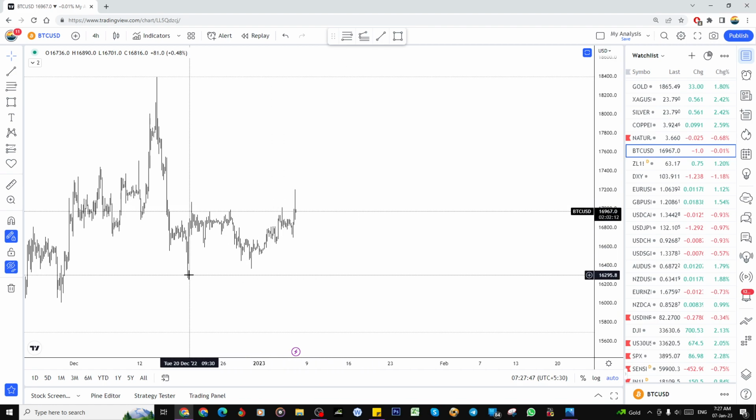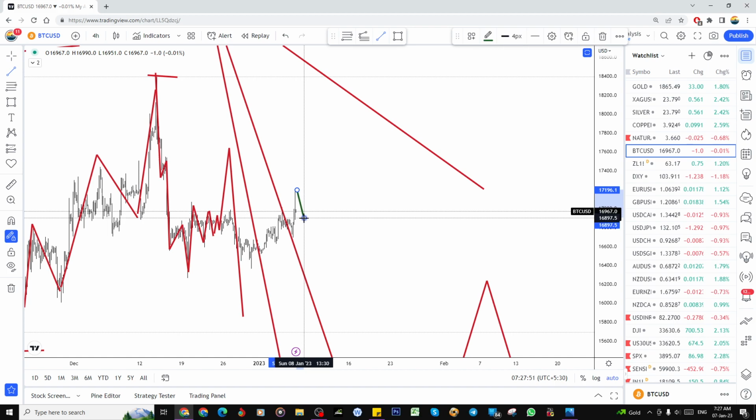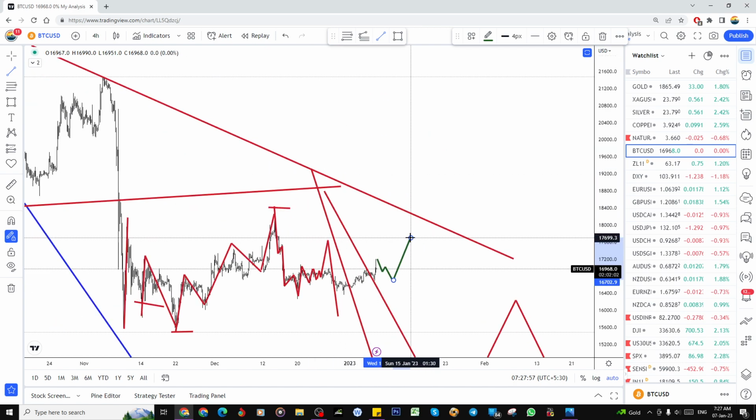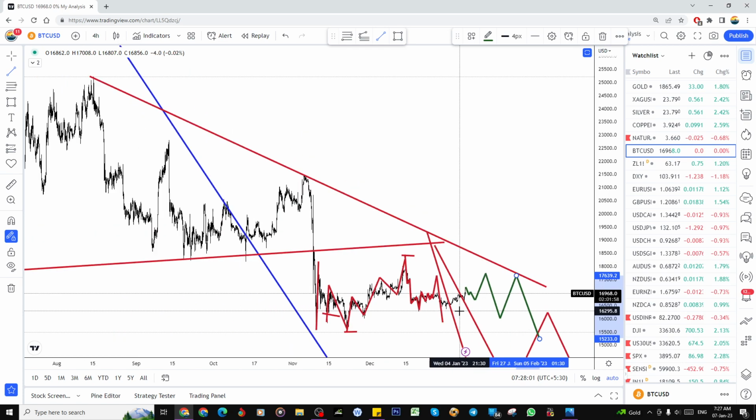So now the one correction has been completed. Again, one more correction as a connecting wave, and one more high is possible, and again it will do like this. So this is going to happen. It's all in the correction part, right?